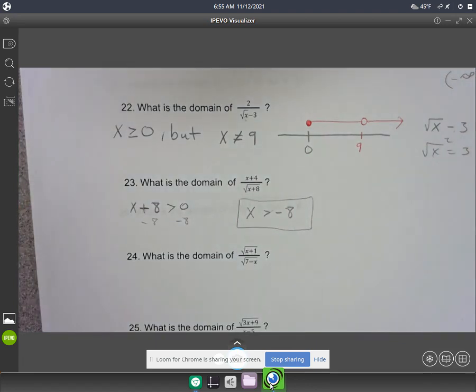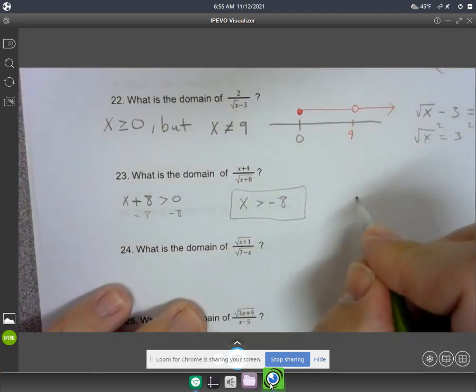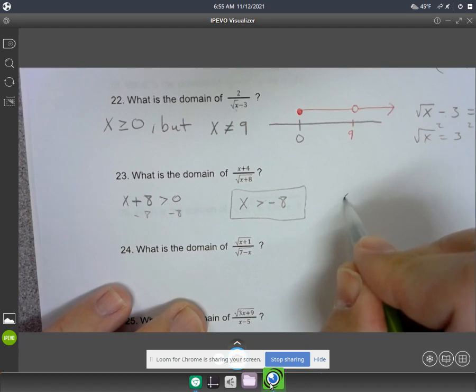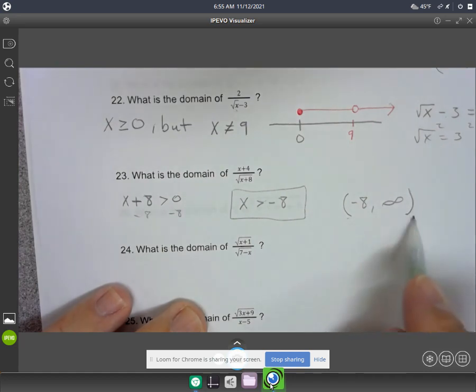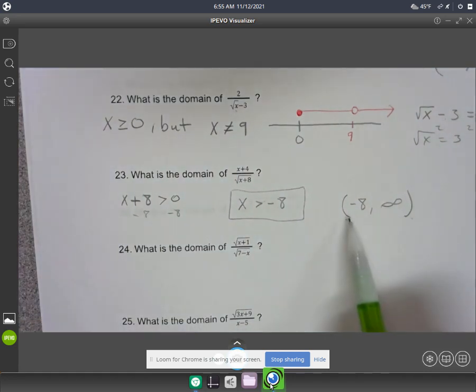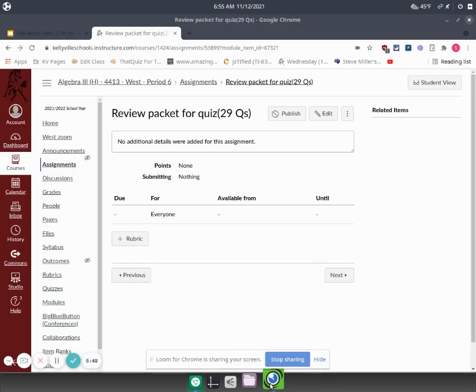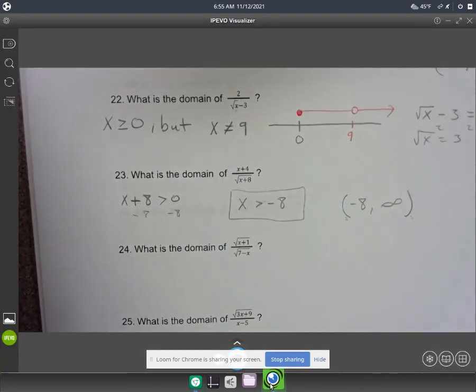And that's going to be the domain there. In interval notation, that would be negative 8 to infinity, and you'd put parentheses around both sides because you're not including the number negative 8, and you can't include infinity because it's too big. It's non-includable. All right, that'll be good for this video.